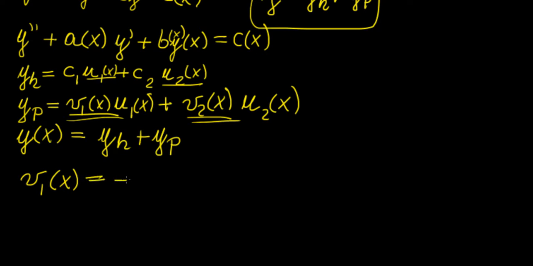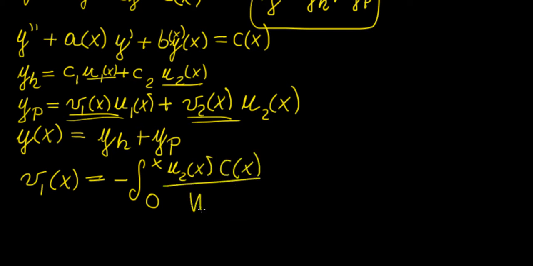So we have v1 is equal to minus the integral from 0 to x. This is a definite integral, so we're going to get a function of x out of it, and no arbitrary constant of integration. And here we're going to have u2(x) times c(x) over something called the Wronskian of the differential equation, and we'll see what that is in a sec.